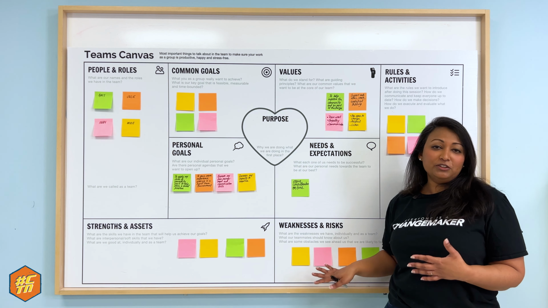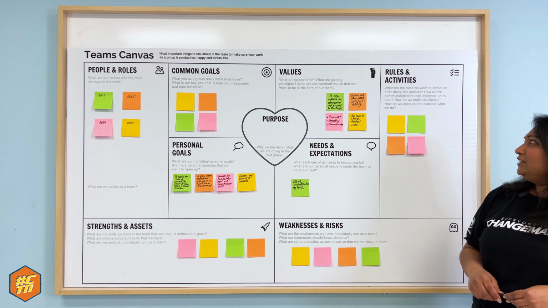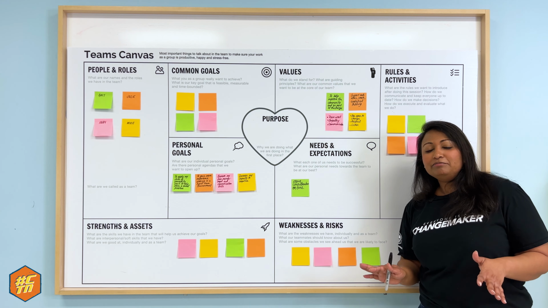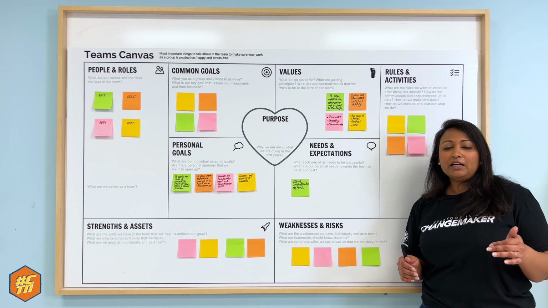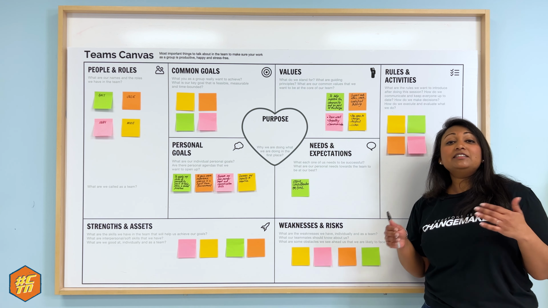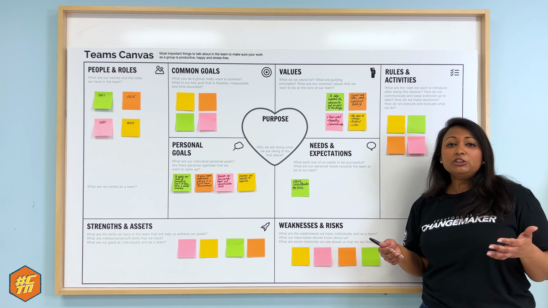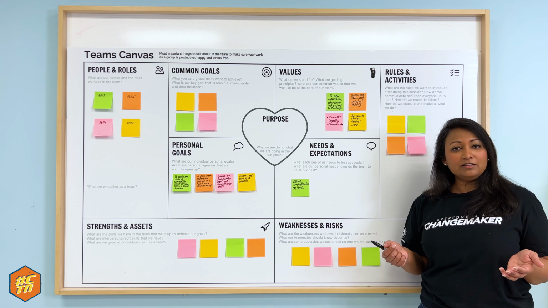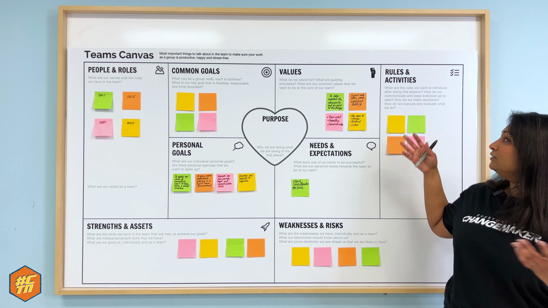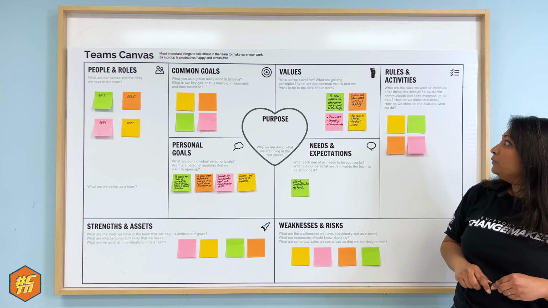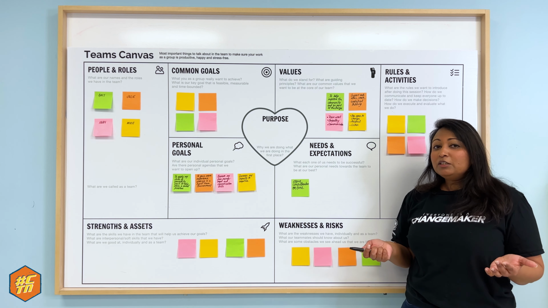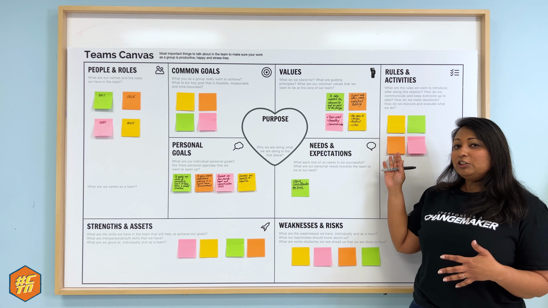So from there, we go into rules and activities. Rules are more like, I prefer using the word guidelines, because rules are quite hard, but guidelines help us create a discussion if something were to change, or if there was an impact that needed to result from something. So how do we communicate and keep everyone up to date, for example? What methods of communication are we using?